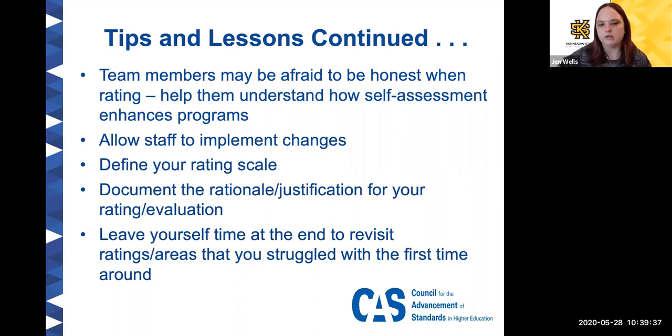And again, I talked about allowing staff to implement changes and the power of that, looking at the rating scale, really defining what is meets versus does not meet versus somewhat.